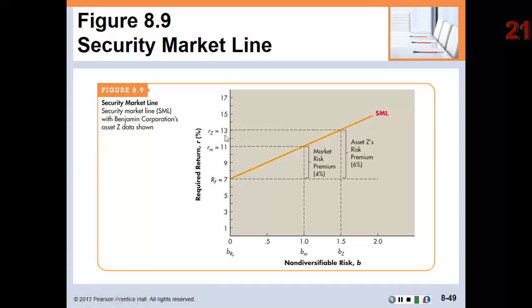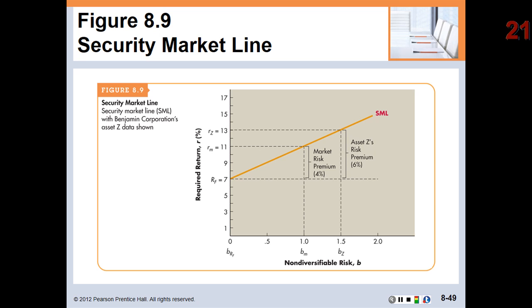Here we've got the required returns in percentage points, so 1%, 3%, 5, 7, and the risk level is measured by beta. So this is 0 risk, no risk. This is a beta of 0.5, a beta of 1.0, which is the market beta, a beta of 1.5, a beta of 2.